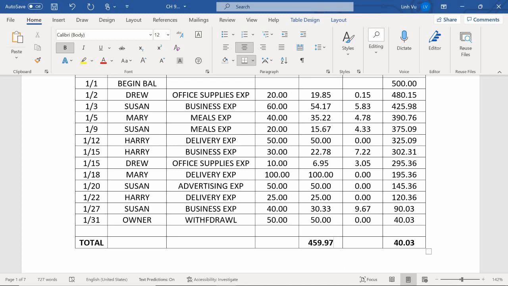500. So in this case, if I only have $40.03 left in cash and I need $500 cash in my petty cash drawer, how much cash do I need to put into the petty cash drawer?